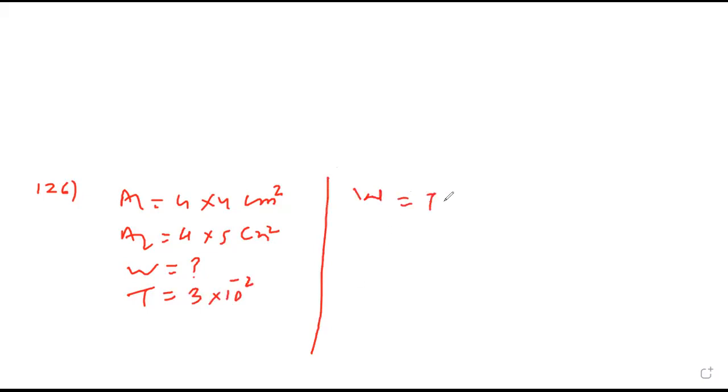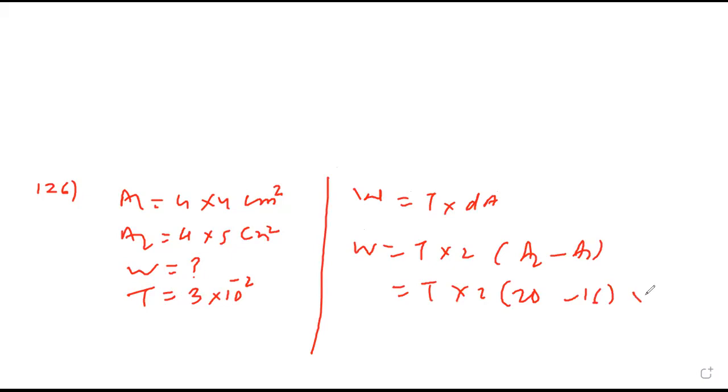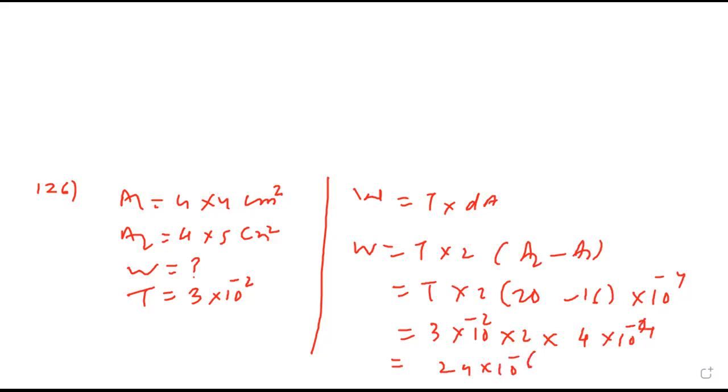Work done is T into change in area, which is T into twice of A2 minus A1. So T into twice of (20 minus 16) into 10 raised to minus 4. That is 3 into 10 raised to minus 2 into 2 into 4 into 10 raised to minus 4. 4 into 2 is 8, 8 into 3 is 24 into 10 raised to minus 6, that is 2.4 into 10 raised to minus 5 joule. Option B.